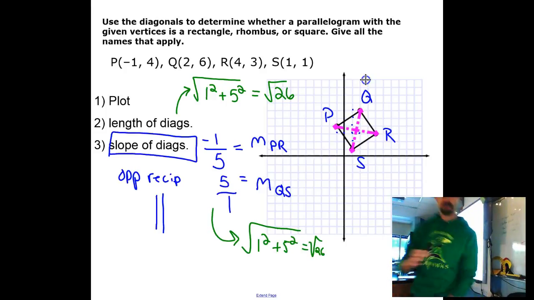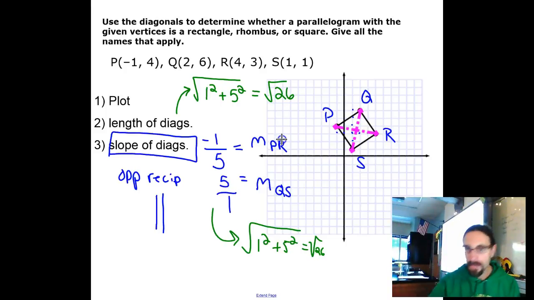By doing the slope first, I end up making right triangles, which gives me the legs, and then I can use the distance formula or the Pythagorean theorem to find the length of the diagonals. So the easiest way is to plot the points, then find the slope of the diagonals, and use that same information to find their lengths.